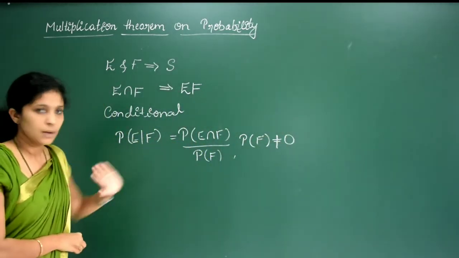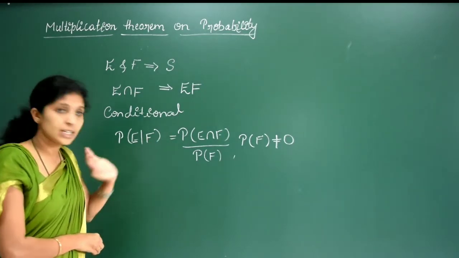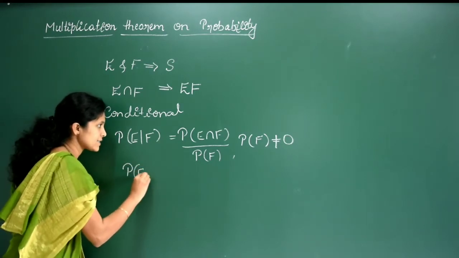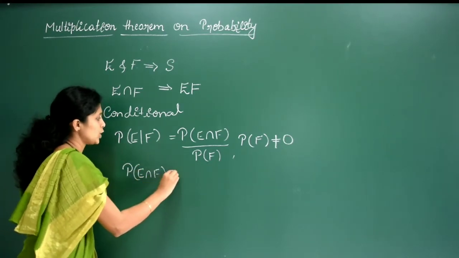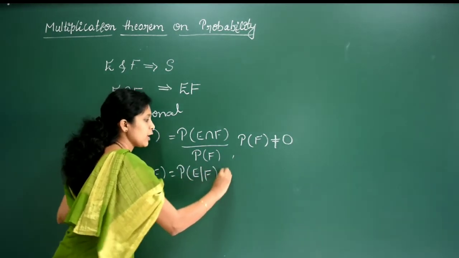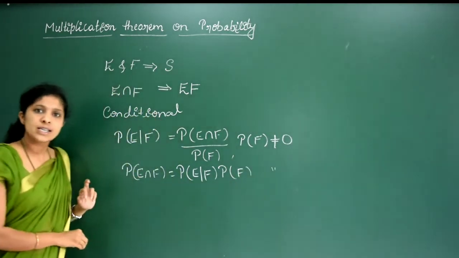So this is the conditional probability of an event E where F has occurred. By using this, we can write P of E intersection F is equal to P of E by F into P of F, where P of F cannot be equal to 0.